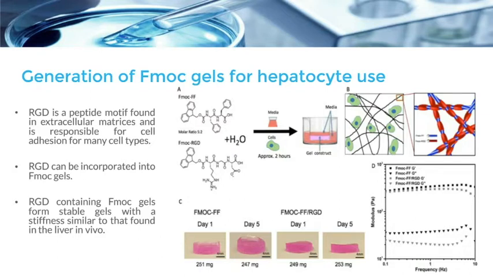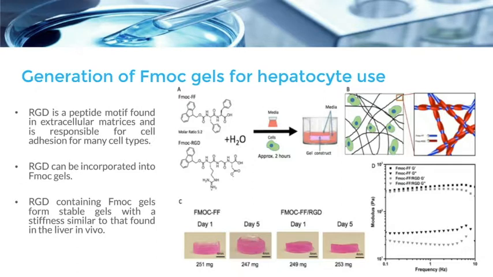Moreover, the stiffness of these hydrogels is quite similar to what is found in normal liver, as opposed to the variety of natural hydrogels, whose elastic modulus or stiffness is orders of magnitude higher than what we find in vivo, and as a consequence contributes to disrupted expression of a variety of markers, as well as significantly impacting the function of the hepatocytes.